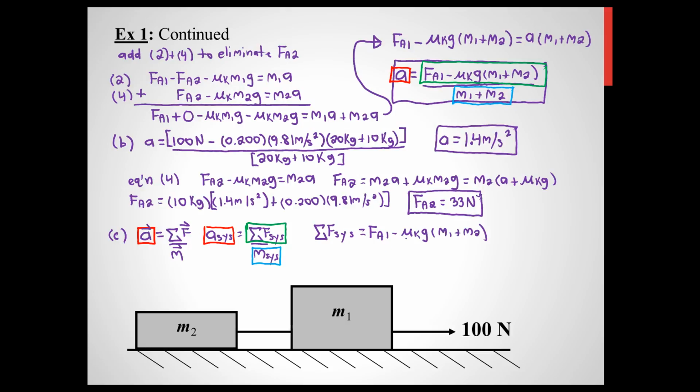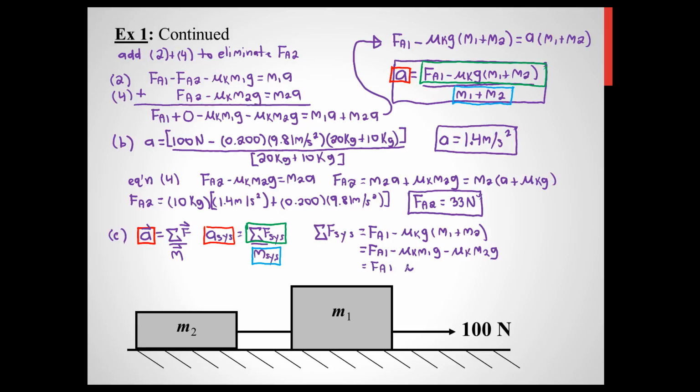Okay, we need to figure out what this mu k g (m1 plus m2) represents in terms of a force. So let's start expanding that. We're going to kind of undo what we did when deriving the equations of motion. So we have FA1 minus mu k m1g minus mu k m2g.